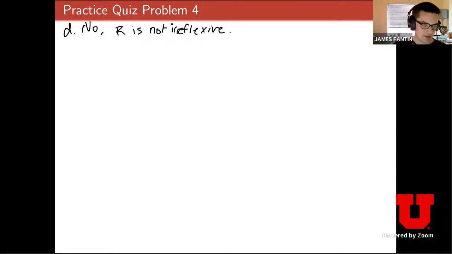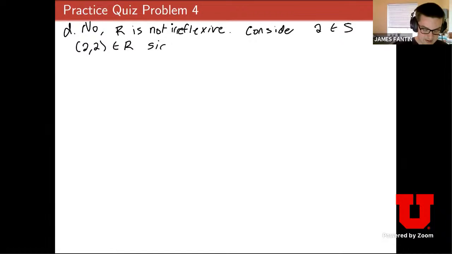If, let's say on a quiz, you were asked to prove something was not irreflexive, we can show this by saying, consider the element 2, which is an element of S. 2 comma 2 is in the relation since 2 divides 2. So we found an element that's related to itself, and thus R is not irreflexive.